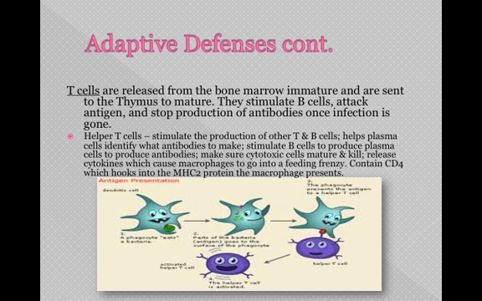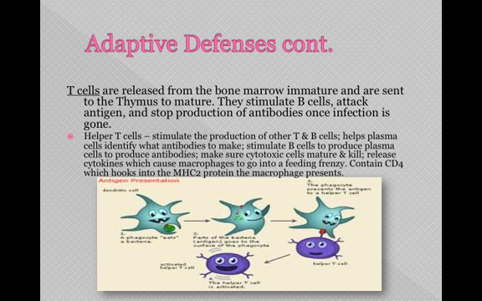And they release the cytokines, which cause macrophages to go into a feeding frenzy. Helper T cells also contain the CD4, which hooks into the MHC protein that is presented by a macrophage. So if a macrophage goes along and encounters an antigen, it will eat it and present just a piece of it, so that when it comes into contact with the helper T cell, it can show it to the helper T cell.